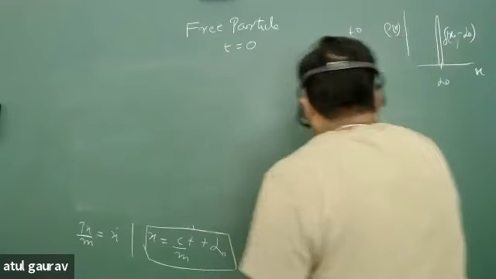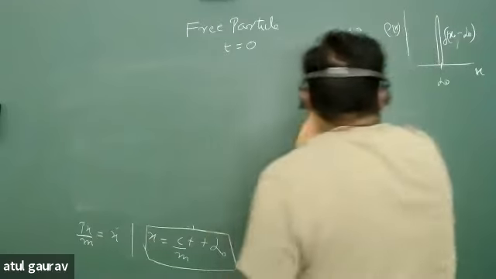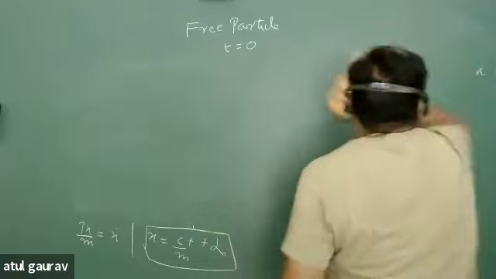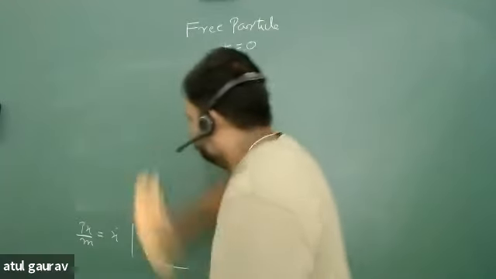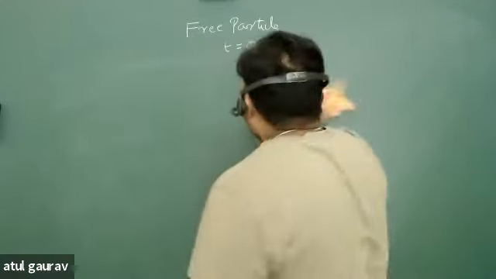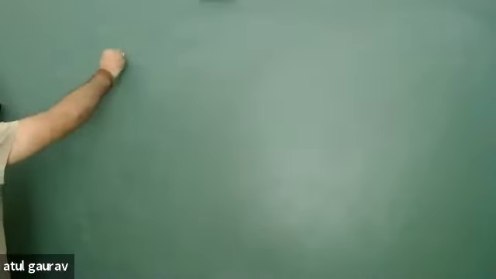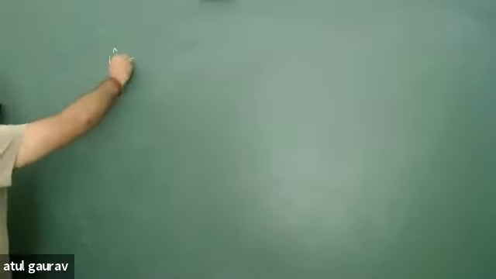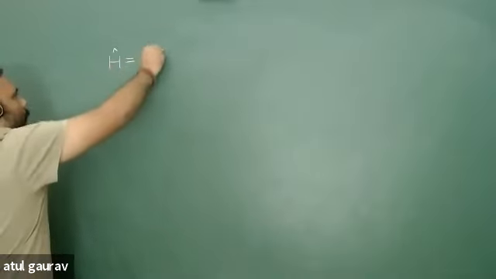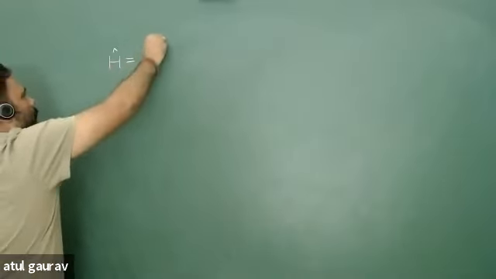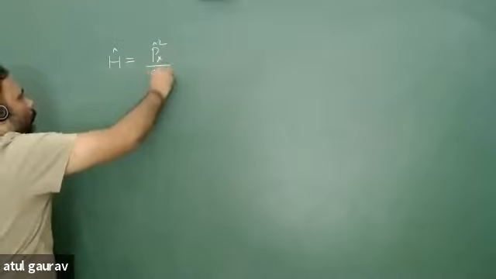So for the first time we are going to solve the Schrodinger wave equation for the free particle. And this is very simple because you have done your mathematical physics very nicely. I have to just explain my concept. Everything you have done earlier. So now we are talking about the Hamiltonian operator, and this Hamiltonian operator is nothing but px square operator upon 2m, because potential is 0.